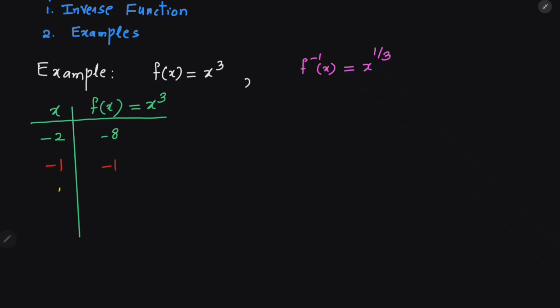If x is equal to 0, then the value of the function is 0. And we continue like that. For 1, we have 1. For 2, we have 8. And for 3, we have 27. This is table 1.